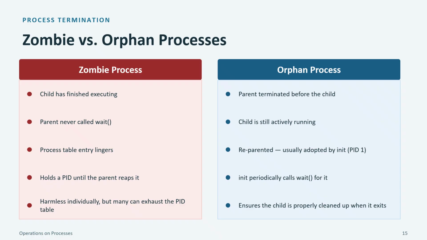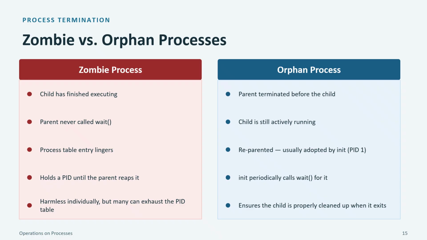Now let us see an orphan process. An orphan process is a child whose parent has terminated while the child is still running. The child is then reparented, traditionally to the init process, which has the PID 1. The system can then ensure that the orphan is properly handled when it eventually terminates.